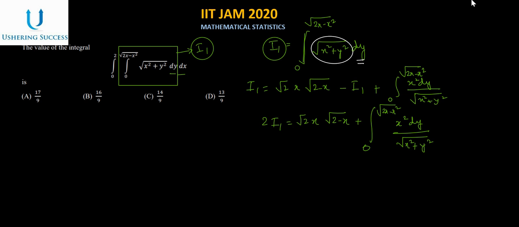Now we have to consider x as a constant here because y is the variable in this. So x square becomes a constant, so I can take it out of the integral.